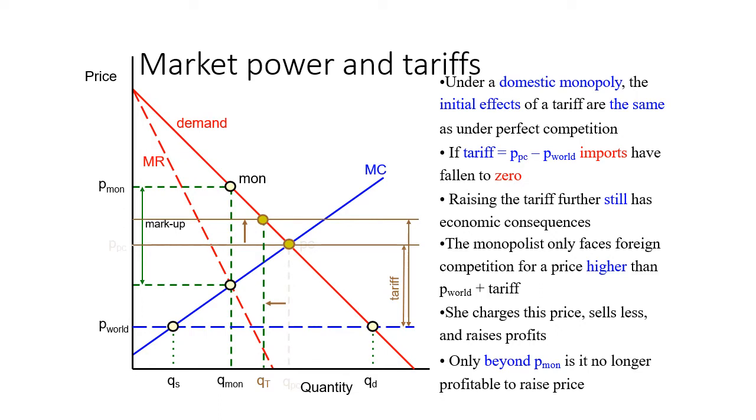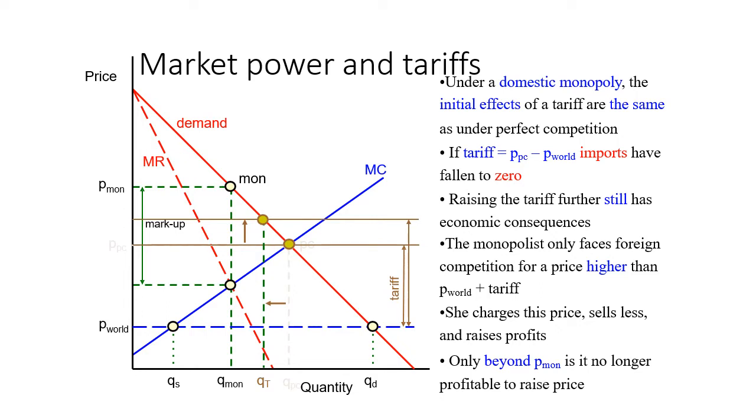So when the tariff added to the world price is less than the perfect competition price, the analysis stays the same as before when you introduce a tariff. The same as before, the same as in chapter 8, the same that exists for perfect competition. Right, that's the most important thing you need to take home.